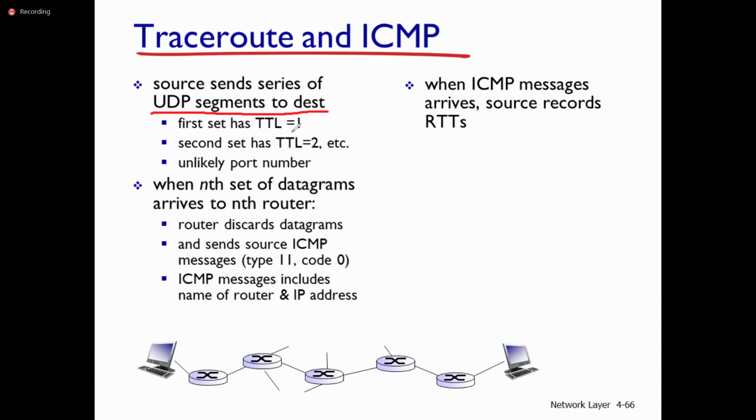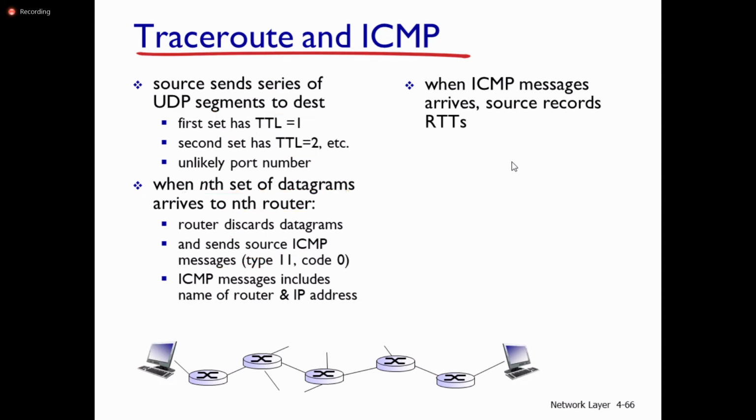First we set the time to live to 1, the second time to 2, etc. The nth datagram arrives at the nth router. When it arrives, the router discards the datagram and sends the source an ICMP message, type 11 and code 0.